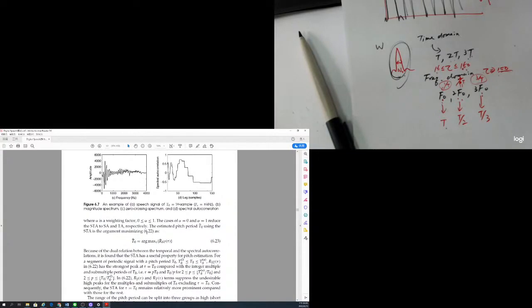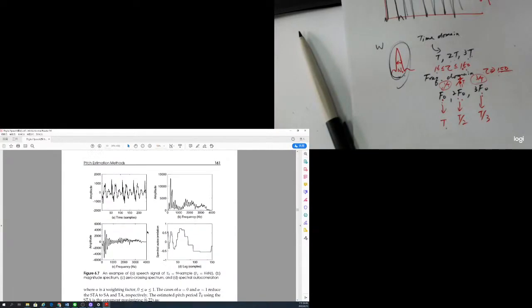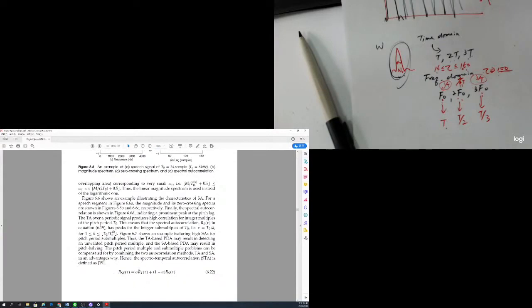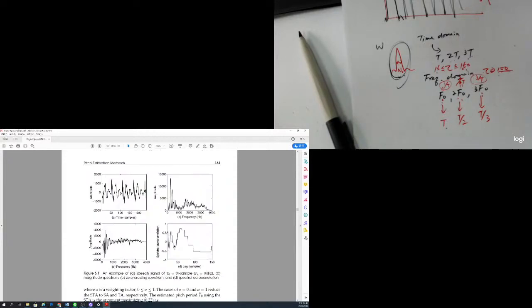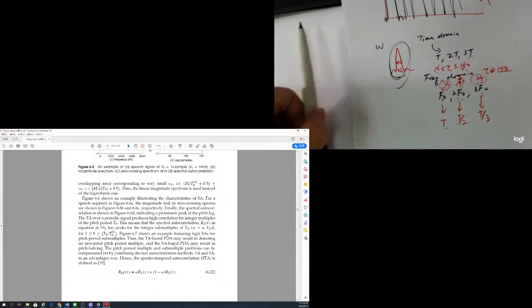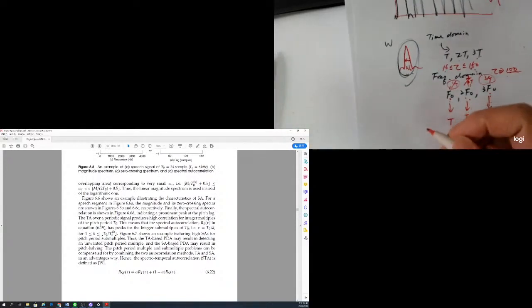So they try to use this one. One is from the time domain, to get a cost function. Another one is from the spectrum domain. So the spectrum autocorrelation. What's the spectrum autocorrelation?